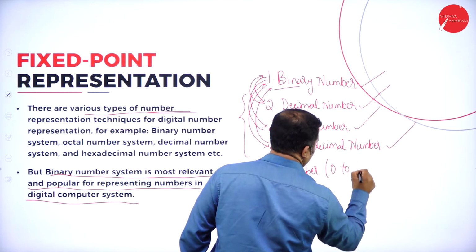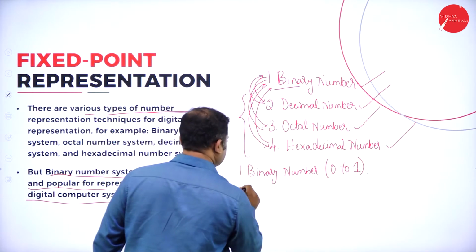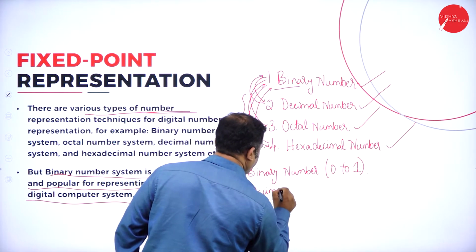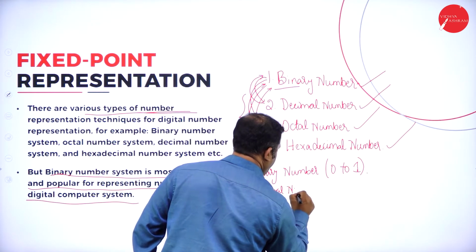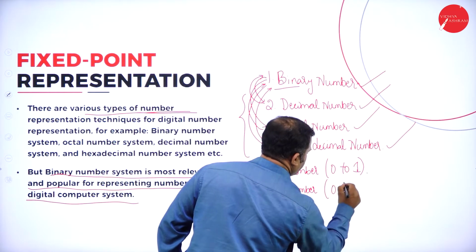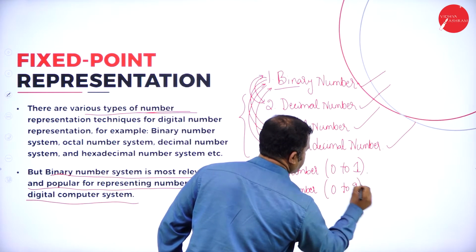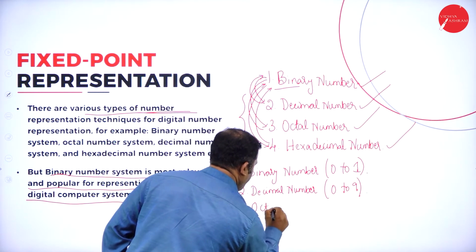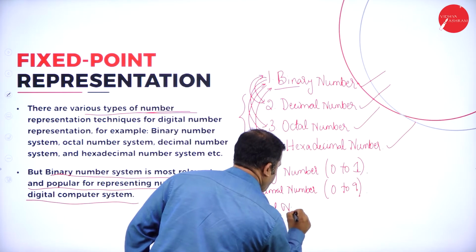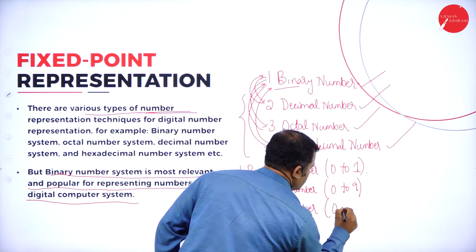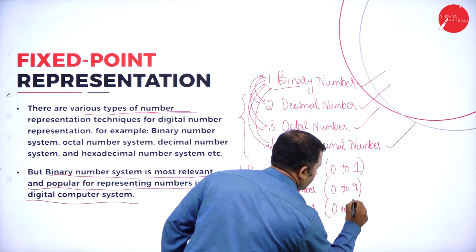0 to 1. In case of the decimal number system, the number varies from 0 to 9. In case of the octal number system, the number varies from 0 to 8.